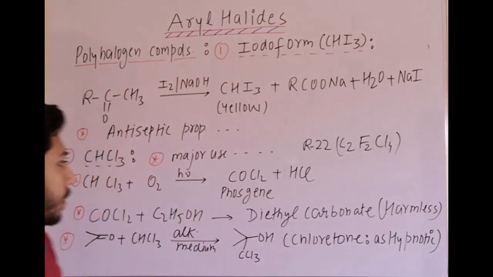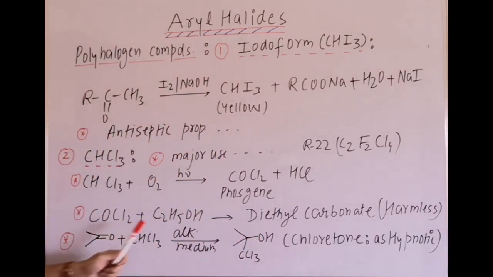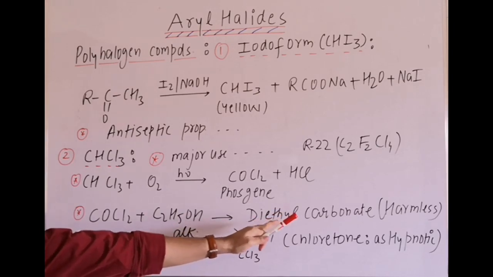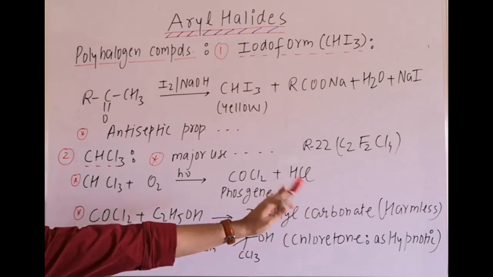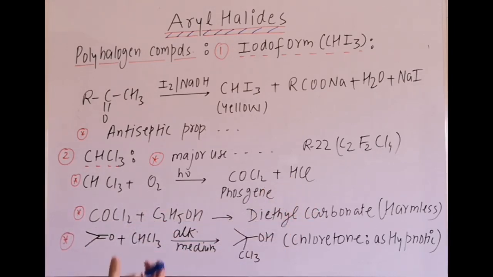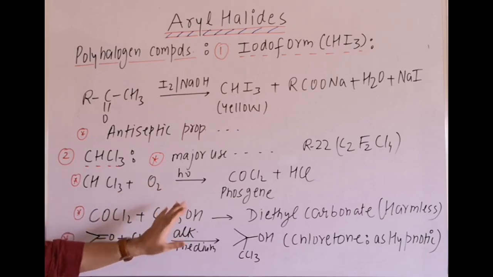That is the reaction given second: phosgene when treated with 1% ethanol, both Cl substituted by OC2H5, gives a compound diethyl carbonate, and that is a harmless substance. So we can convert phosgene to a harmless substance by addition of 1% ethanol.